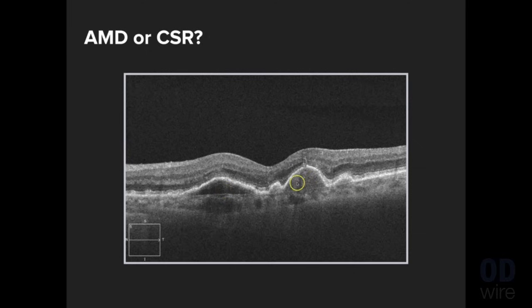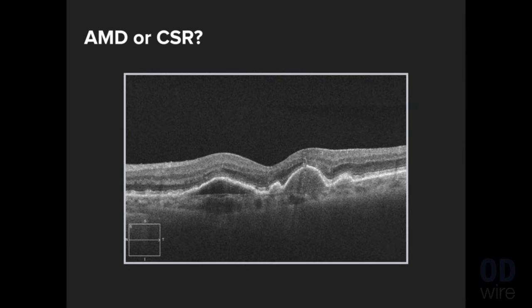What's my point? This is a drusenoid pigment epithelial detachment. Over here, you've got more evidence of drusen. So you've got drusenoid pigment epithelial detachment, probable serous pigment epithelial detachment, and drusen. This is definitively age-related macular degeneration and not a case of central serous retinopathy.